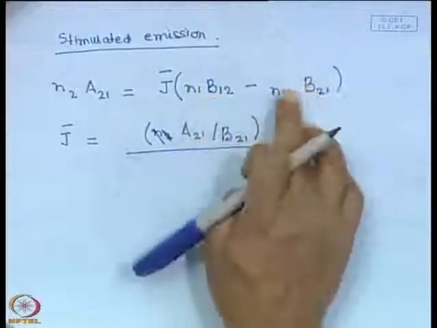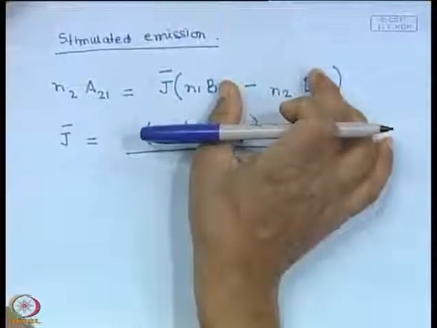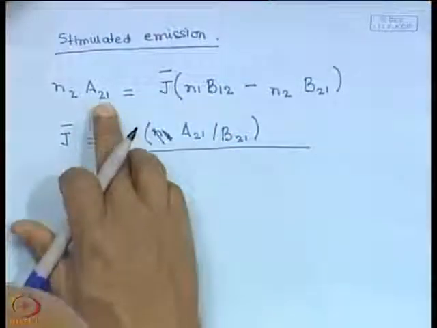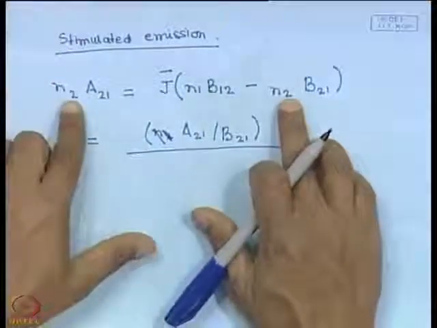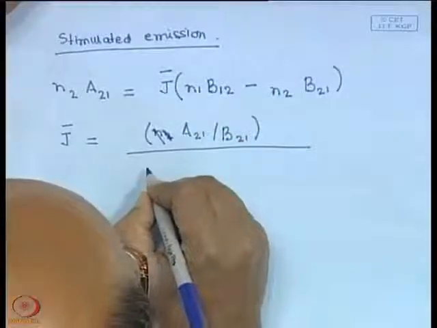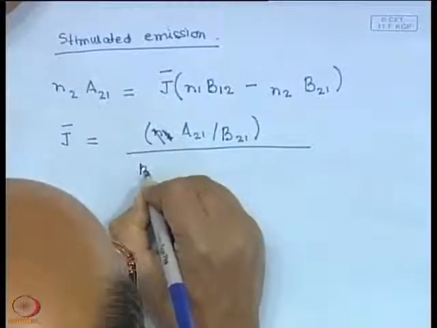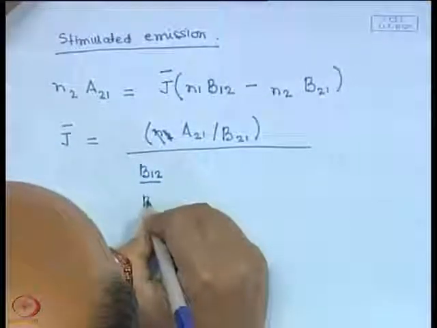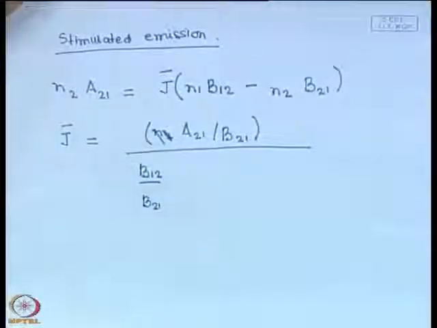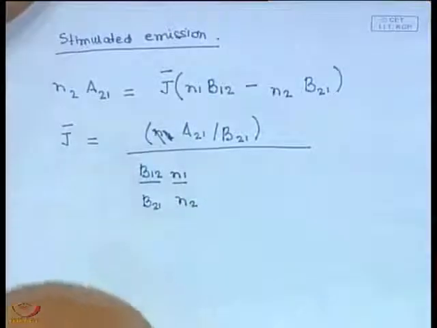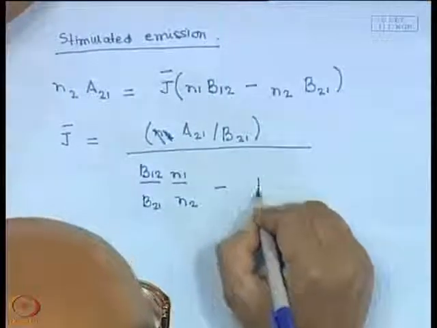So, I am dividing this whole equation by this term, and then I am going to take this term onto the left hand side. So, I have J bar is equal to A21 divided by B21, N2 cancels out, and then I have over here B12 by B21 into N1 by N2 minus 1.